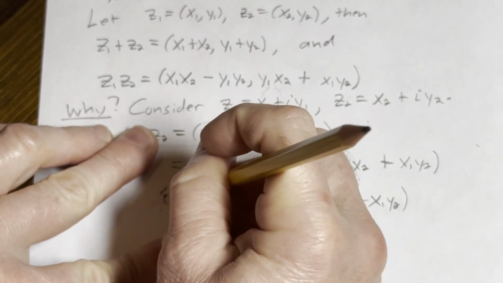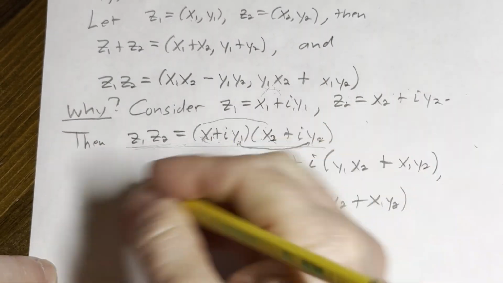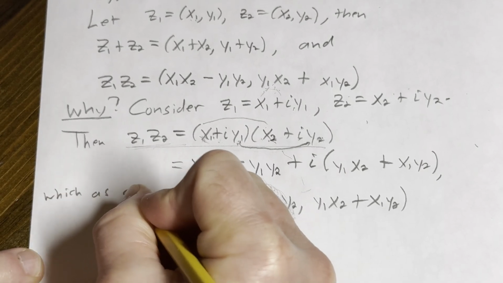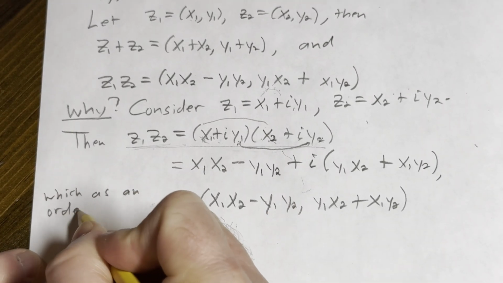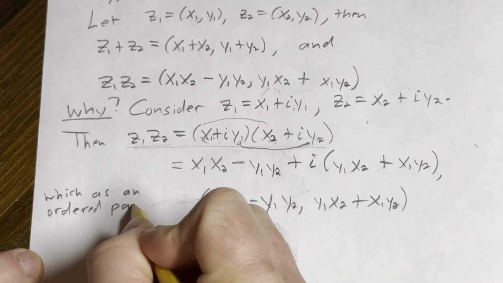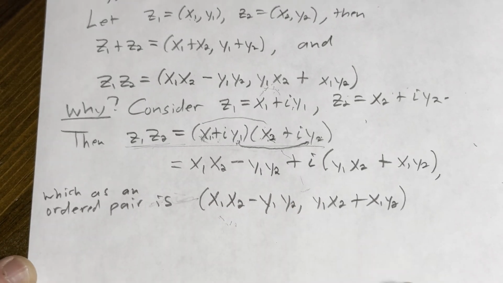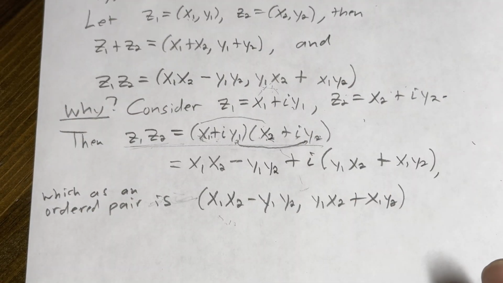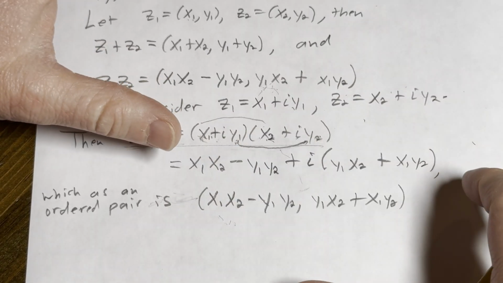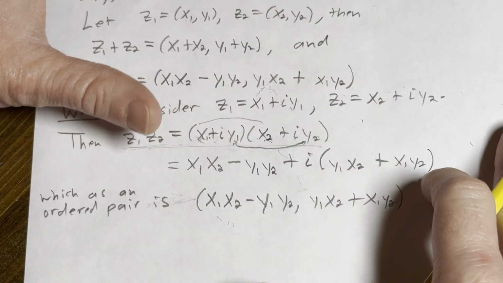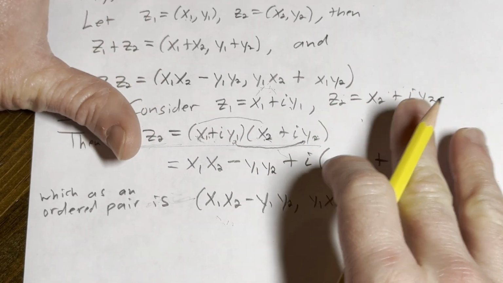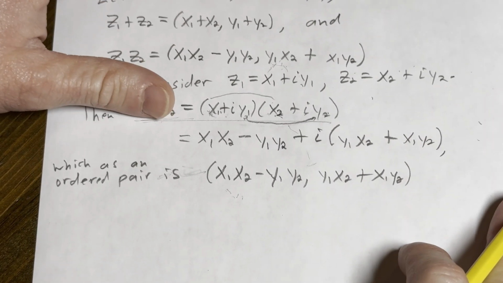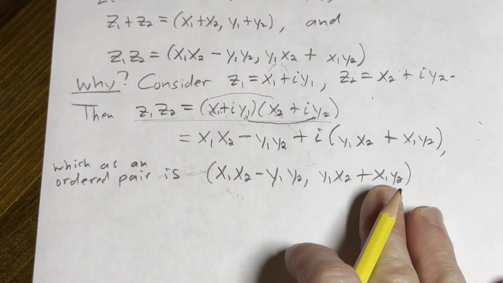Let me just put, which, let's not be sloppy, as an ordered pair is, so when represented as an ordered pair, this is how we can think of it. And how you think of things is extremely important because there's different ways of thinking about the same thing, and sometimes new ideas can be created by thinking of things different ways.